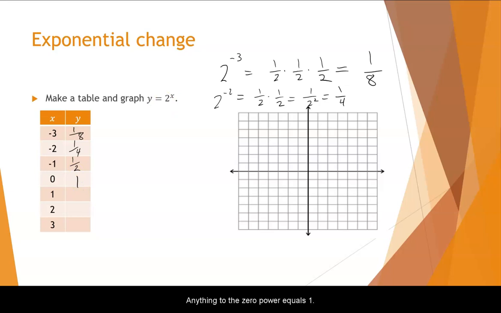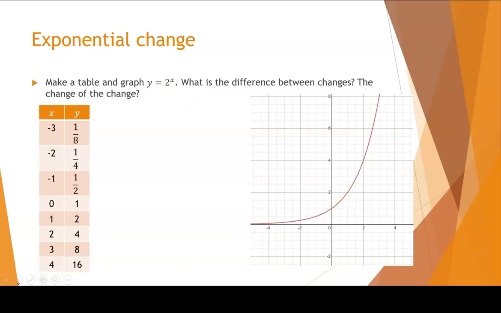Anything to the 0 power equals 1. 2 to the first equals 2. 2 squared equals 4. 2 to the third power equals 8. Here's what that looks like. There's a graph. I can see that as x increases, y increases at a faster and faster rate.